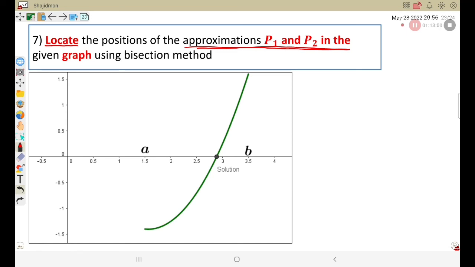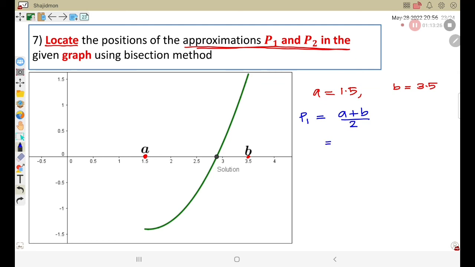That is the question. So in this question a number is given. What is a number? 1.5. B number is given. What is B number? 3.5. This is important in the idea. A number is given, B number is given. So first I am finding P1, the first approximation. P1 equals (A plus B) divided by 2, correct?